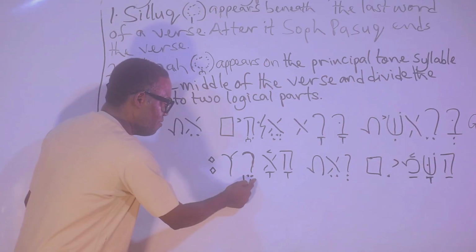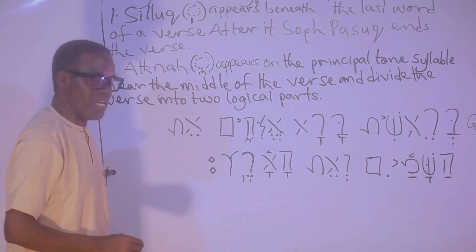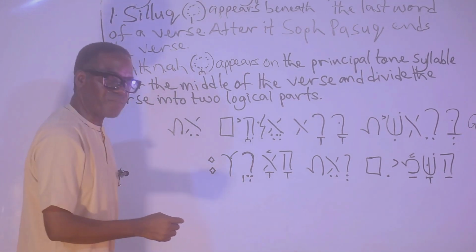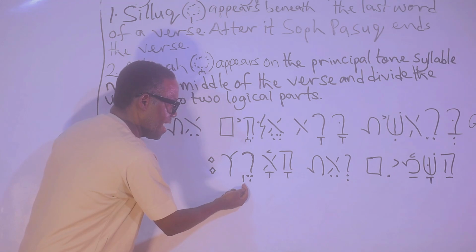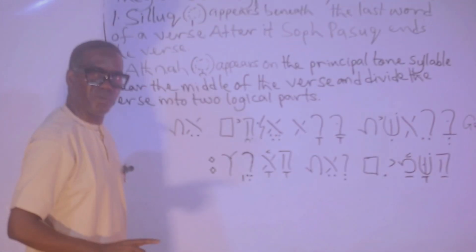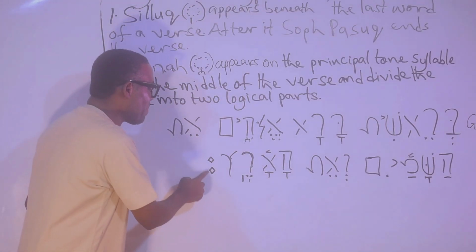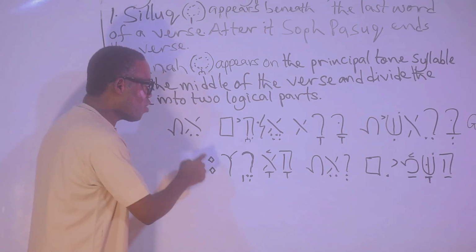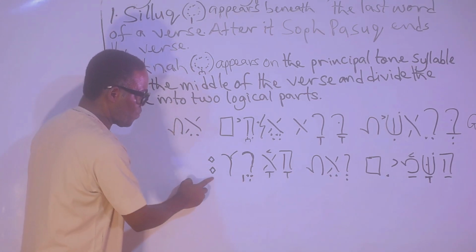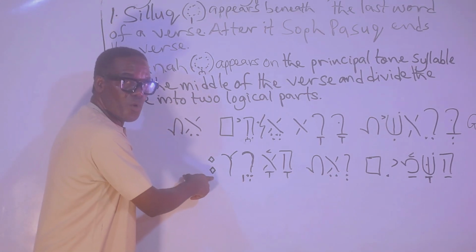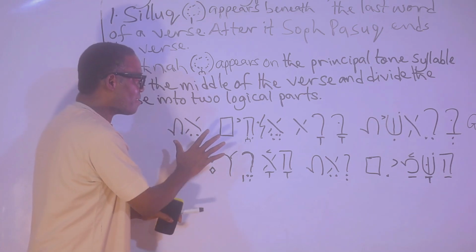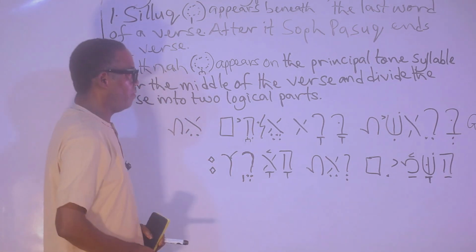This is Segol, the vowel of the consonant. The consonant is Resh, and Siluk appears here. And after Siluk will come Sof Pasuk, which is end of verse. And this is the sign here, Sof Pasuk, which means this verse has ended.